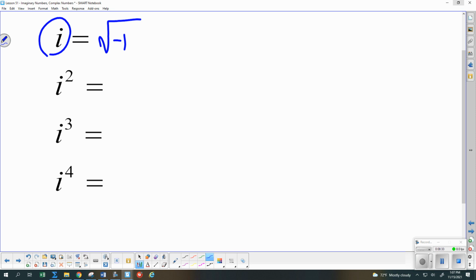So i squared is how much? Anytime you have a problem with an i squared, you need to change that i squared to a negative 1 to simplify it. i cubed is i squared times i, but i squared is negative 1, so i cubed is minus i.